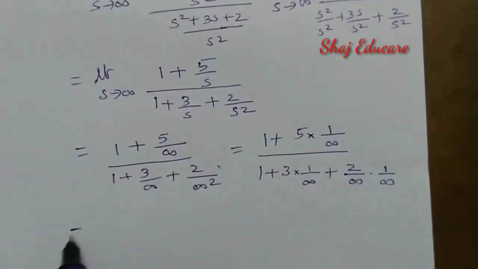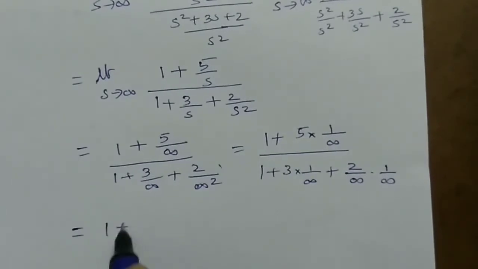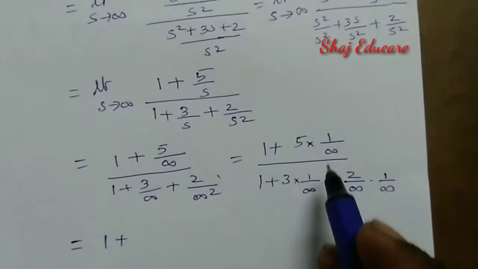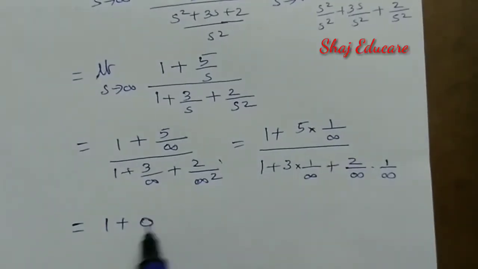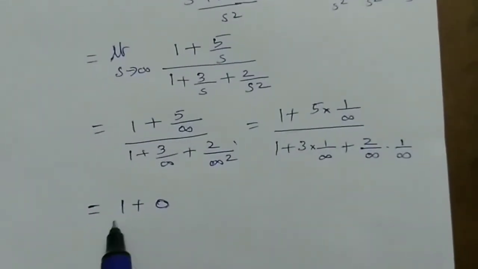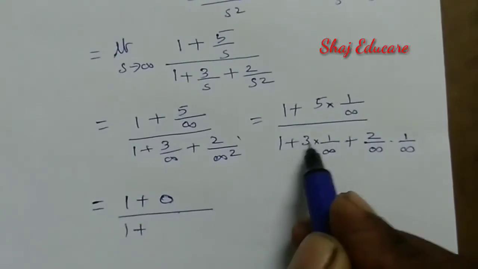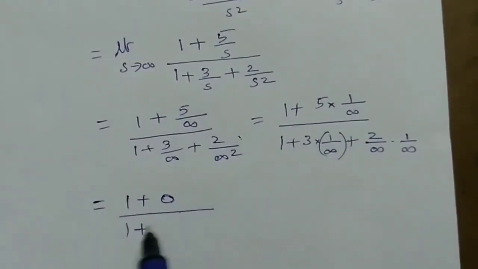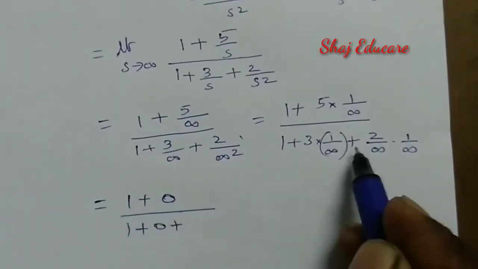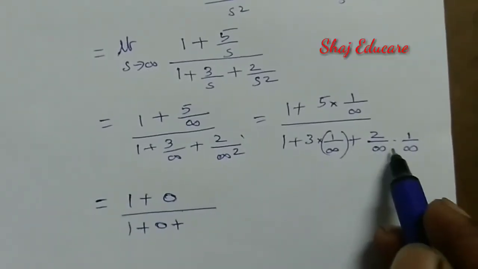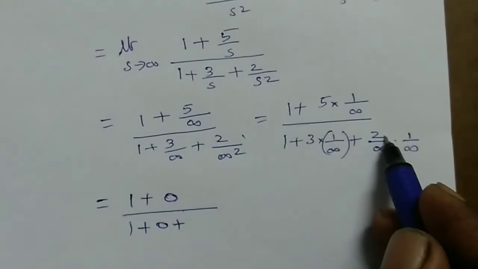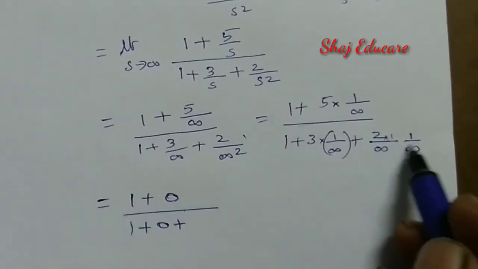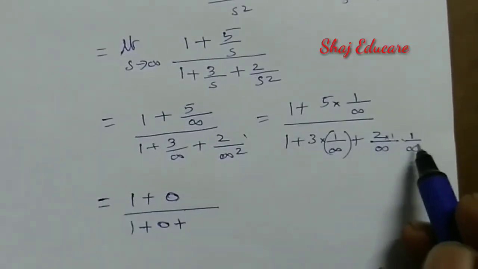Now 1 plus, what is 5 into 1 by infinity? 1 by infinity is equal to 0, then 5 into 0 becomes 0. Then all divided by 1 plus 3 into 1 by infinity. 1 by infinity is again 0, so 3 into 0 is 0, plus 2 by infinity squared, which is 2 into 1 by infinity into 1 by infinity, and 1 by infinity is 0.